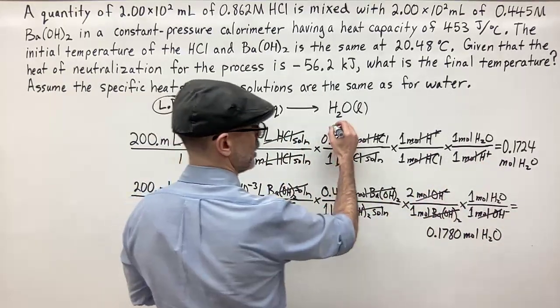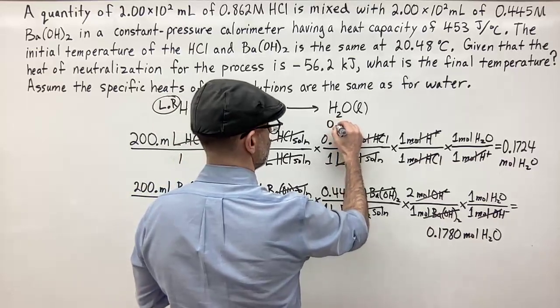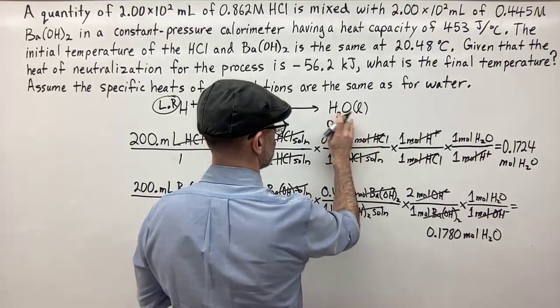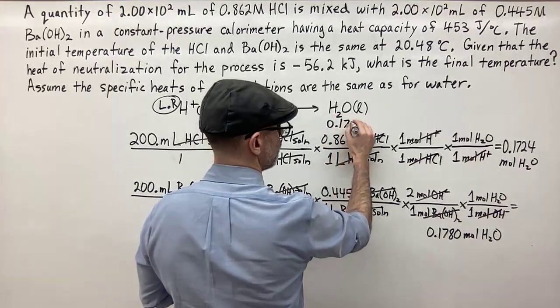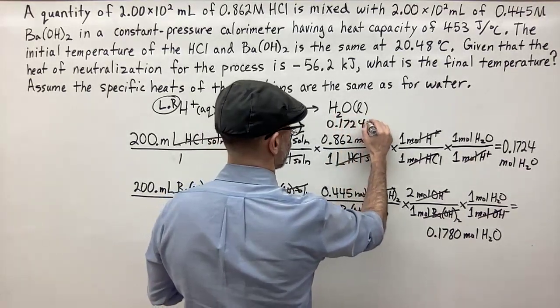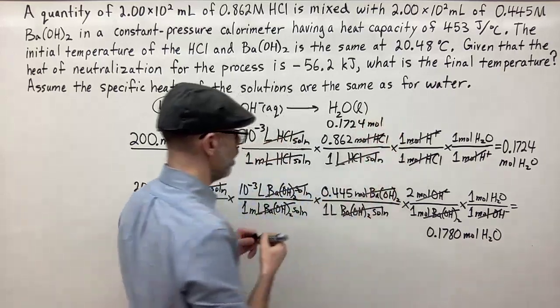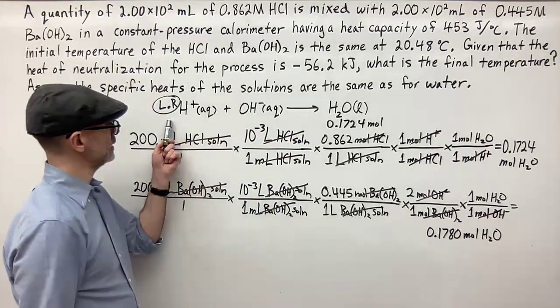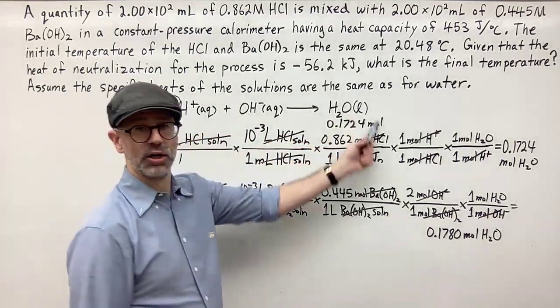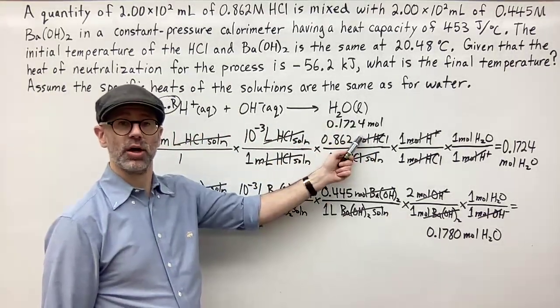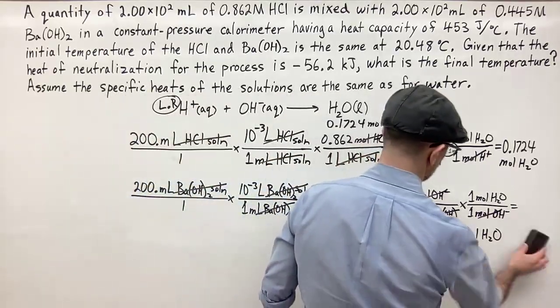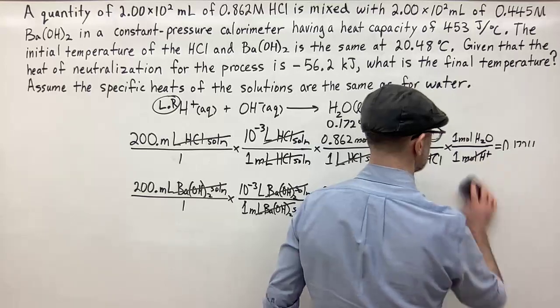So I'm going to write that here. 0.1724 moles. Okay, now that we know what our limiting reactant is and how much water, the maximum amount of the water that we can form, we can move on to the next part, which is the calorimetry.